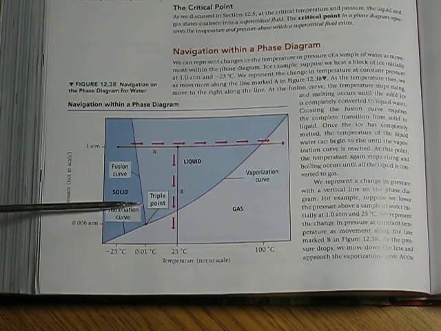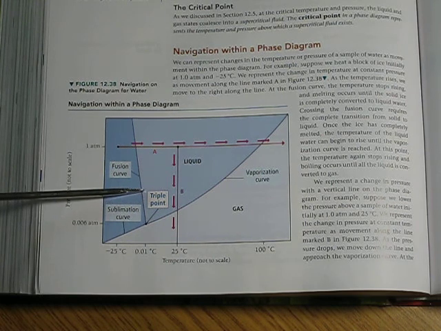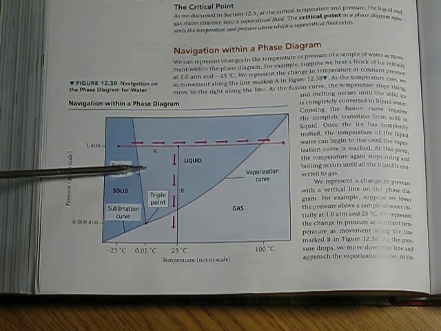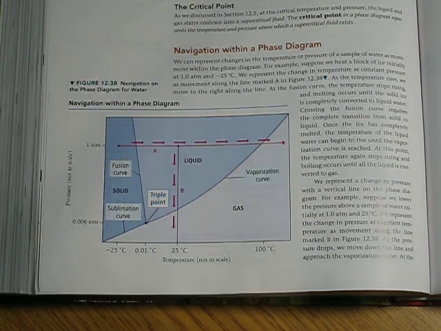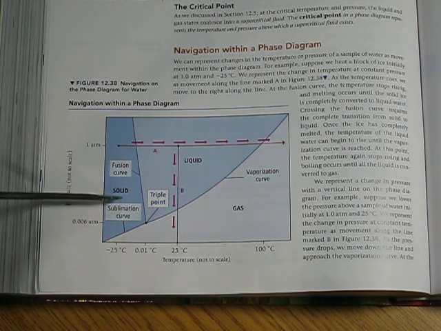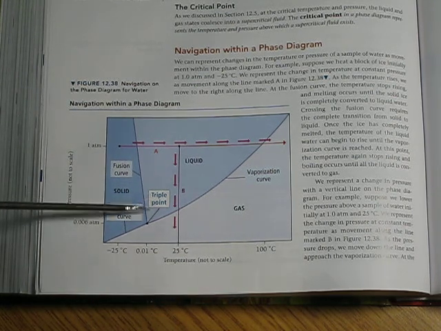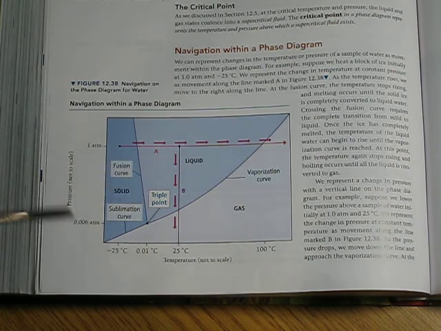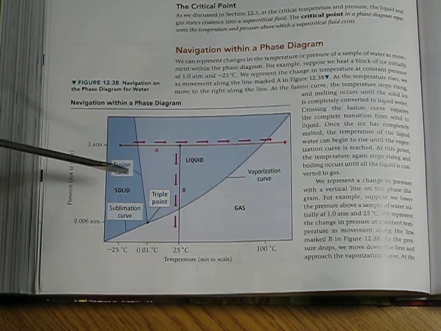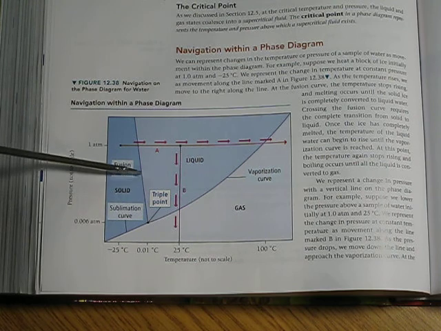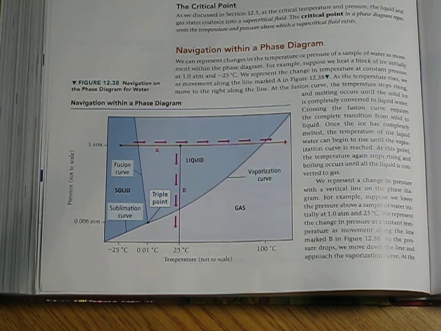And if you keep increasing the pressure more, it would go from the solid to the liquid. Water is this weird thing where increasing the pressure will make it go into the liquid, because it turns out that at very low temperatures, close to 0 degrees Celsius, liquid water is more dense than solid water. So adding pressure really packs it together, makes it more dense, and it becomes a liquid.